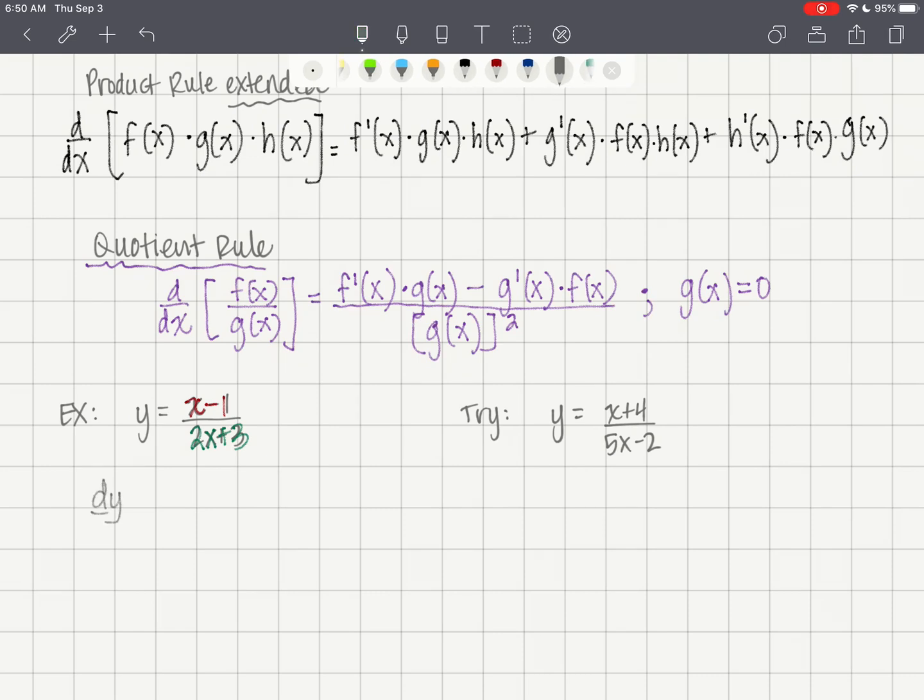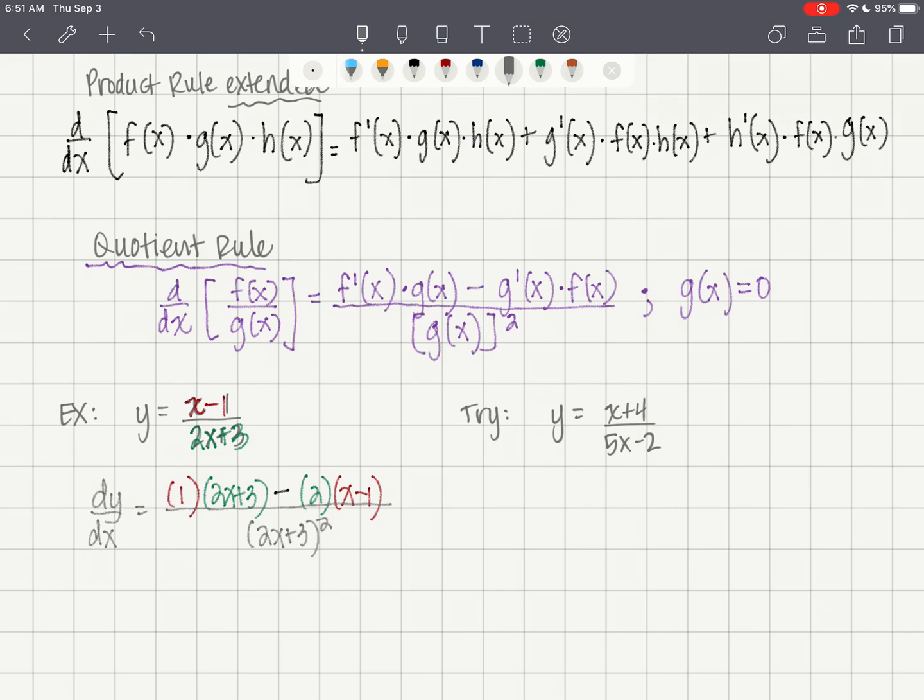The derivative of y with respect to x is equal to the derivative of the numerator, which is 1, times the denominator, which is 2x plus 3, minus the derivative of the denominator, which is 2, times the numerator, which is x minus 1. And that is all over the denominator squared, 2x plus 3 quantity squared.